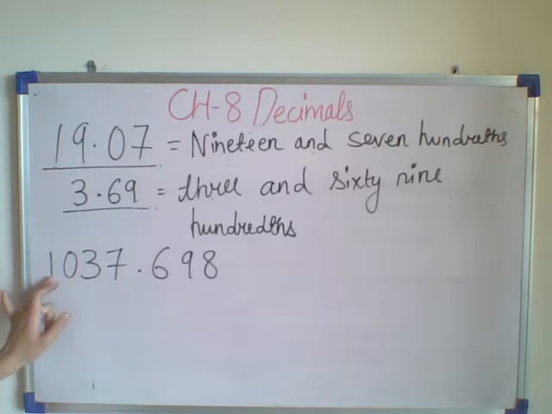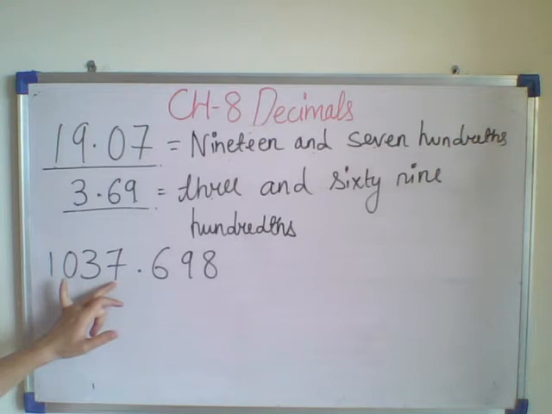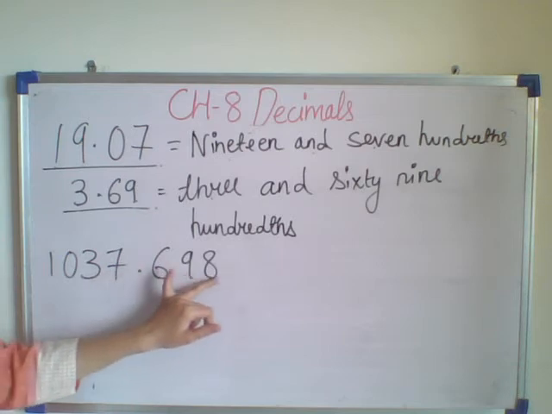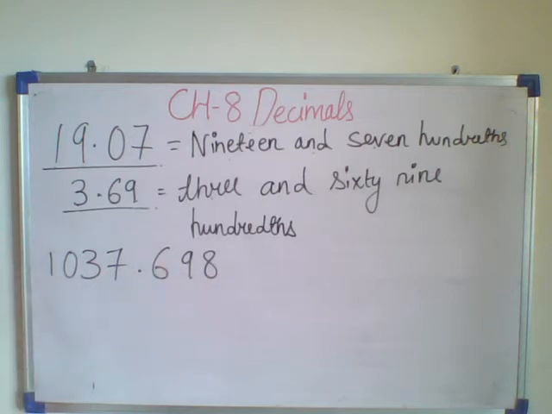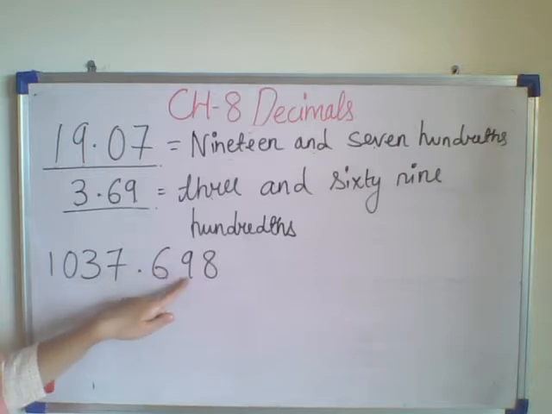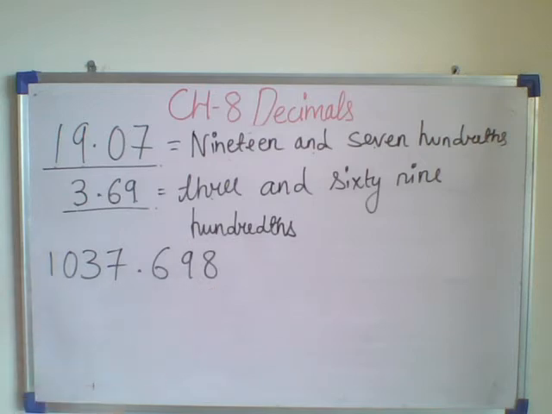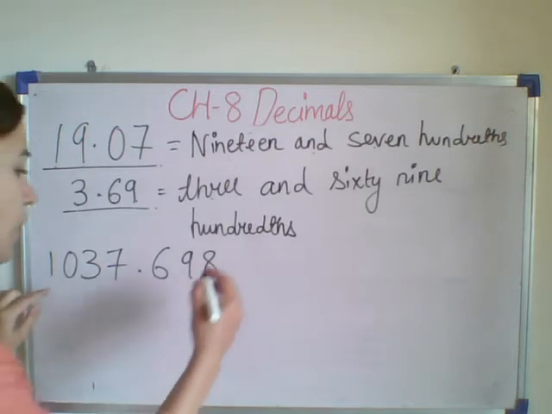This is 1037.698, or we could also write it as 1037 and 698 thousands.